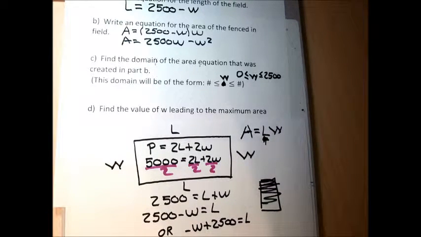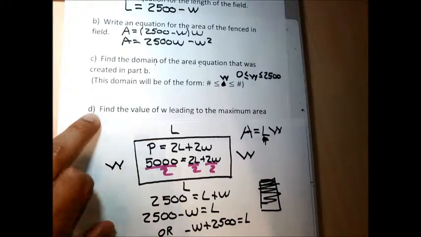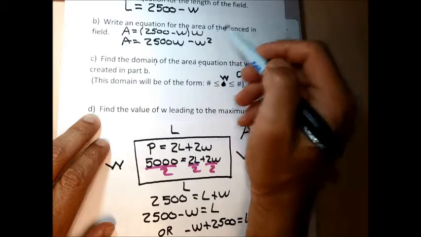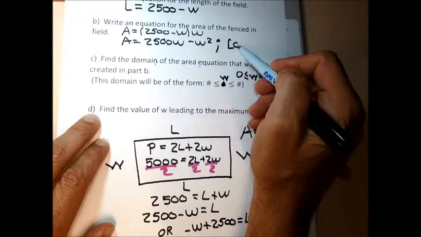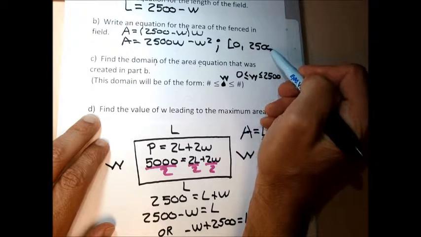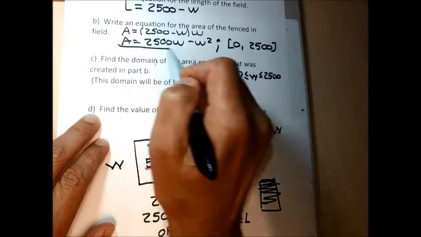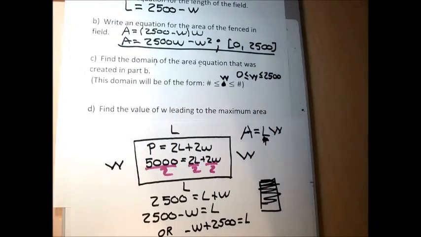Now, part D, we're trying to find a maximum. We're actually trying to find an absolute maximum for this equation. So basically what I'm thinking of is finding the absolute maximum of the area equation between 0 and 2,500. And how do I do that?